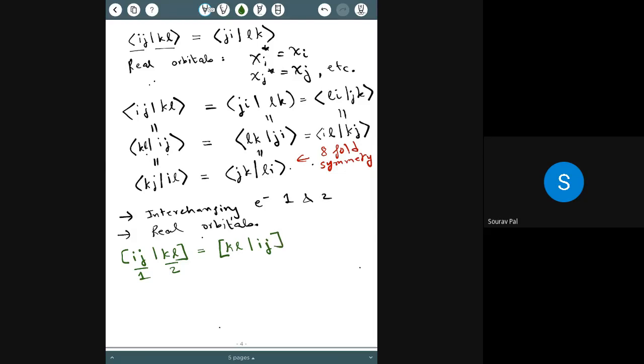And now by realness, you can have a little more. So by realness, we interchange I and J. So that is JILK, where I have interchanged both. From here I can also interchange both. So that's LKJI.